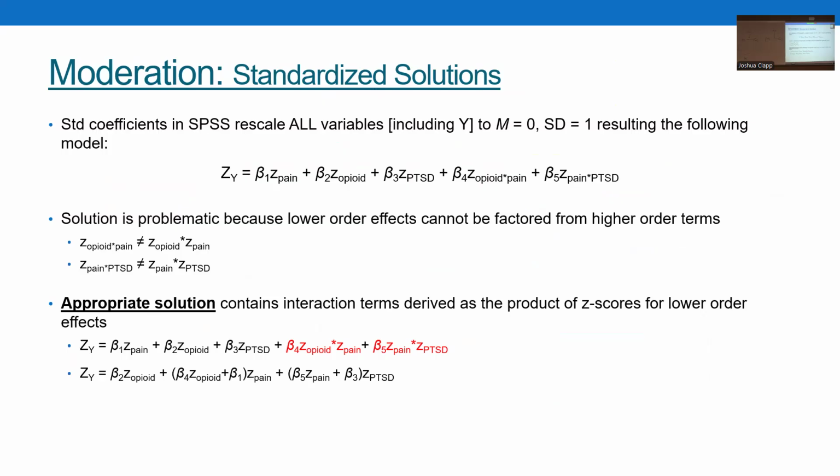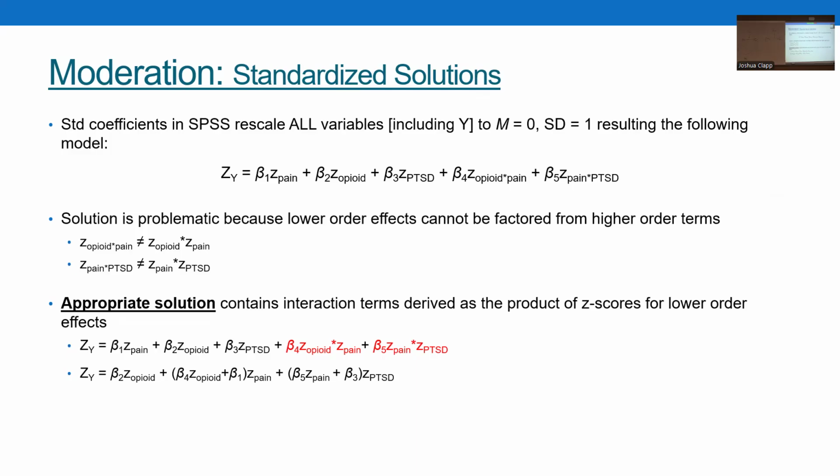In order to get this, in your model, Catherine, you've got your outcome and then all your predictors. You probably have this already, because if you're doing things appropriately, you've already created z-scores for everything. All you're going to do is create z-score interactions. We're going to take the z-score of opiate use and the z-score of pain, those z-scores that you created, and multiply those to create a standardized interaction.